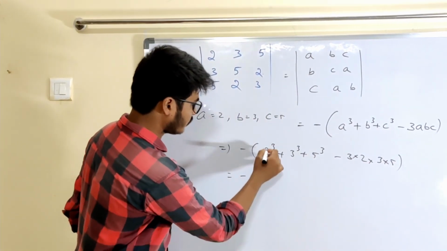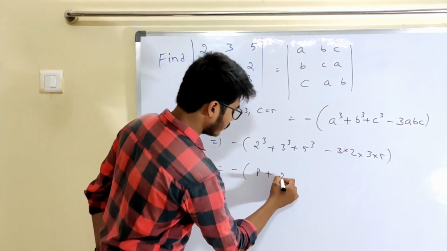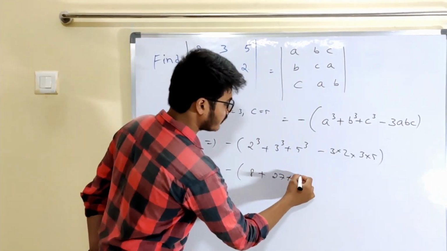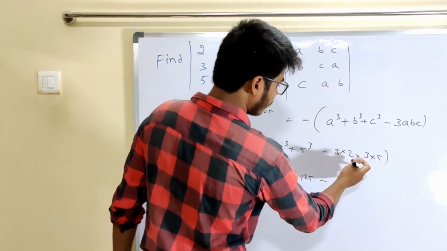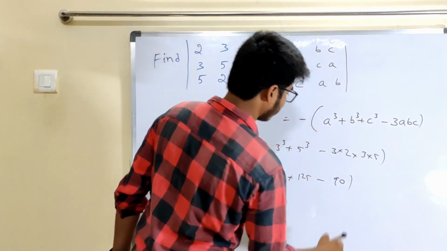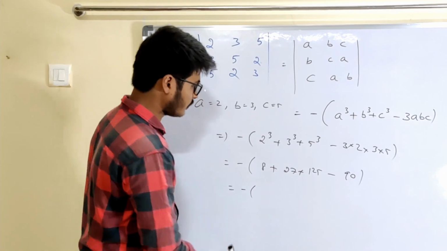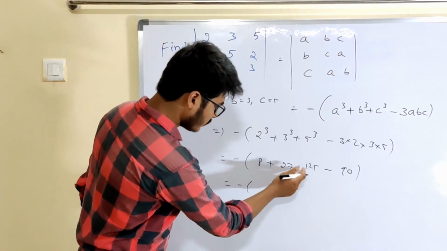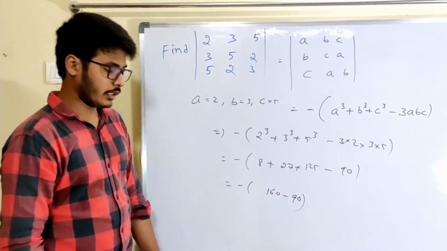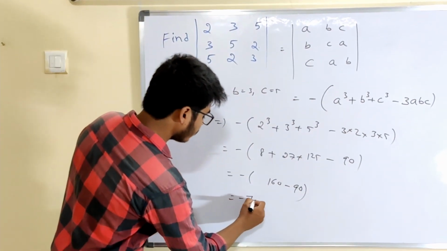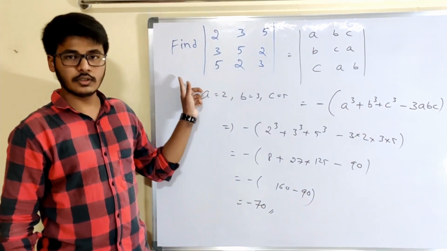So minus of (2 cube is 8, plus 3 cube is 27, 5 cube is 125, and here it is 90). So when you solve this, total it is 160 minus 90. So you will get minus 70. This is the solution for the given question.